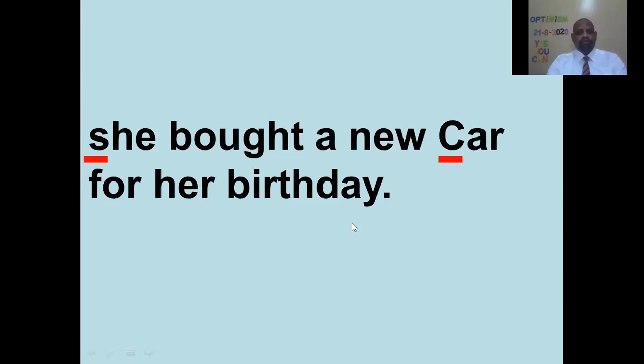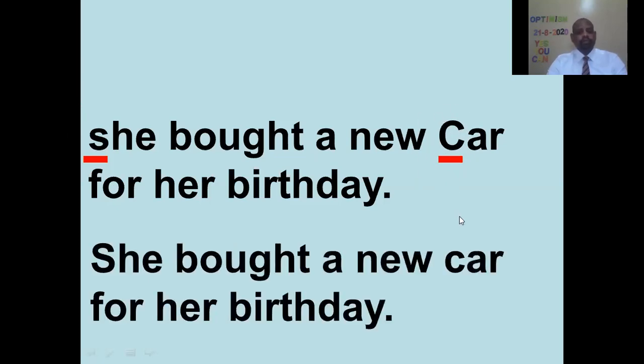The S and the C. We need to capitalize the S here at the beginning of a sentence, and no need to have a capital C here. It must be small. She, capital S, at the beginning of a sentence, bought a new car, small c, for her birthday.